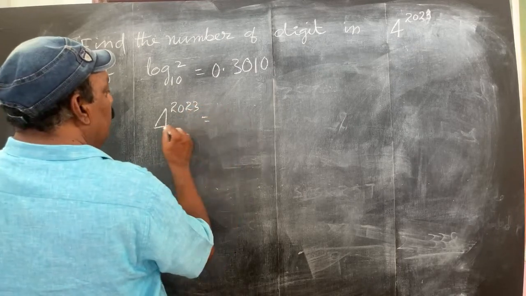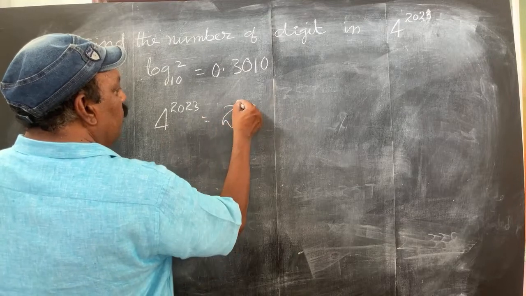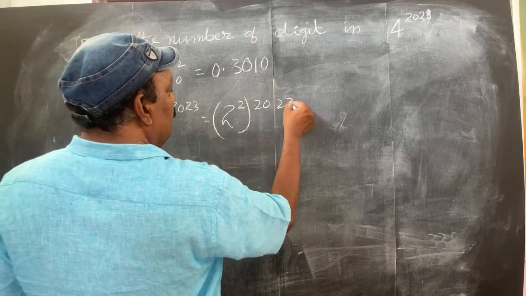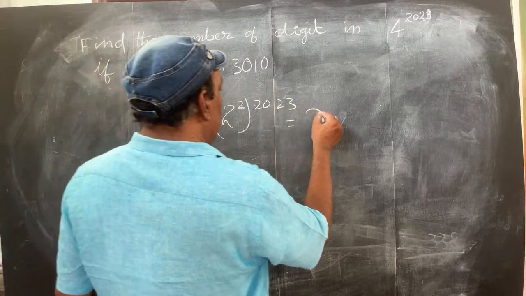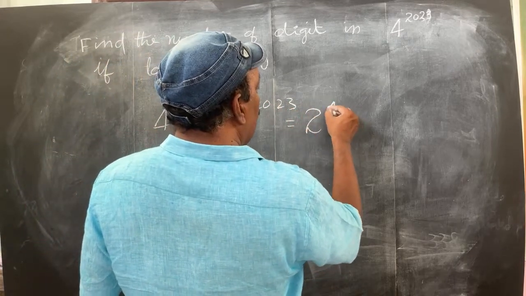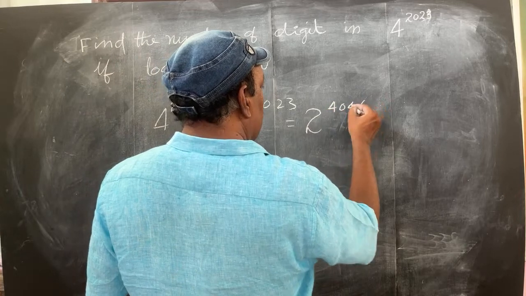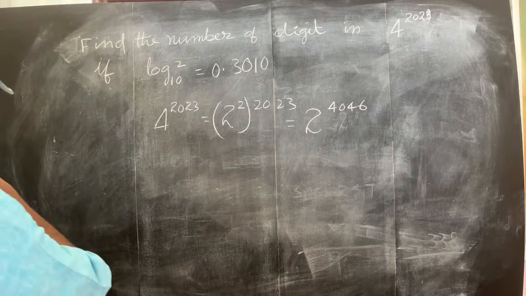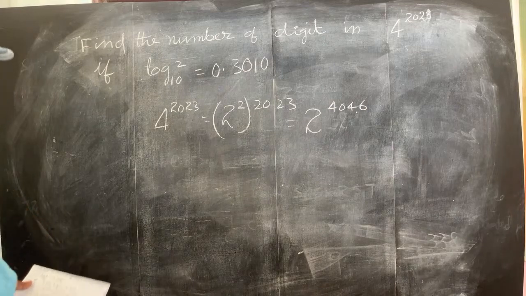I can write 4 like 2 to the power of 2, so 2 to the power of 2 into 2023 is equal to 2 to the power of 4046.